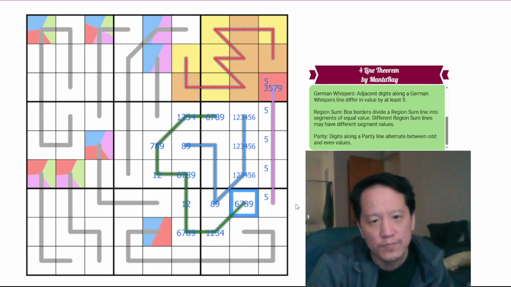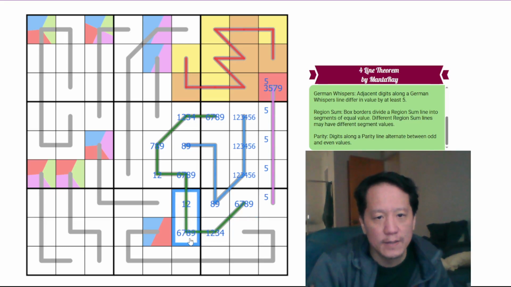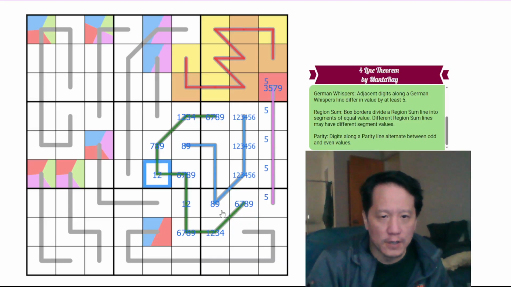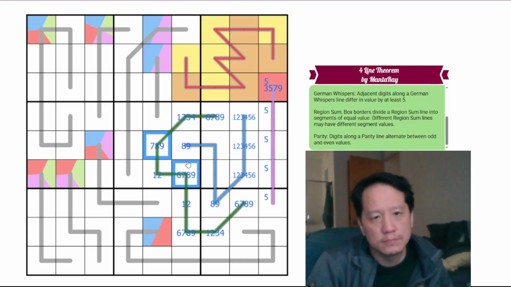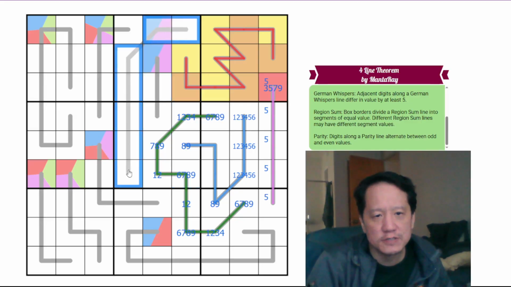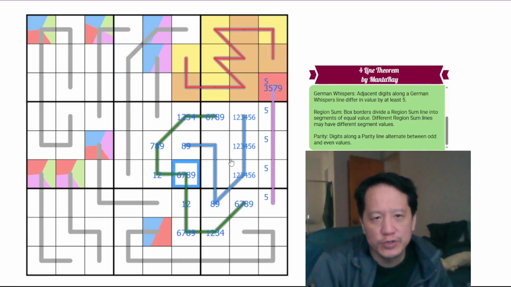Okay. Interesting. Huh. One of these is a Renban, the other is a Region sum. We're not sure which is which.